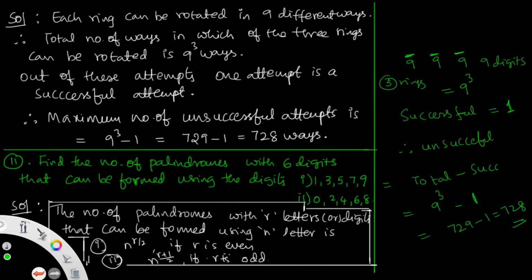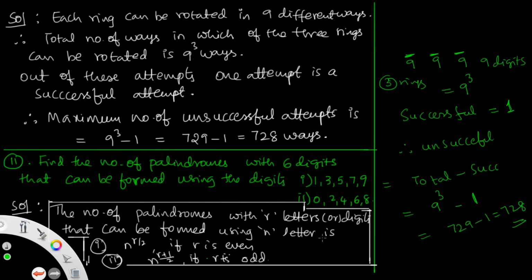The general formula we already know: the number of palindromes with R letters or digits that can be formed using n letters is n to the power of R by 2 if R is even, and n to the power of (R plus 1) by 2 if R is odd.